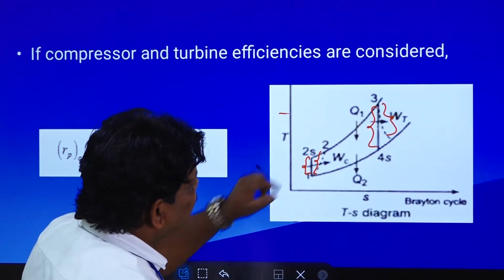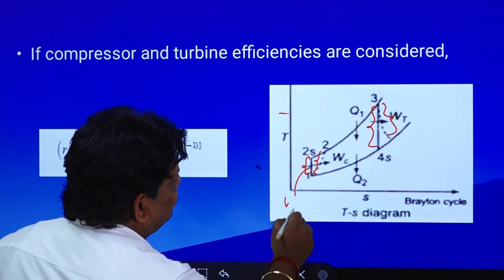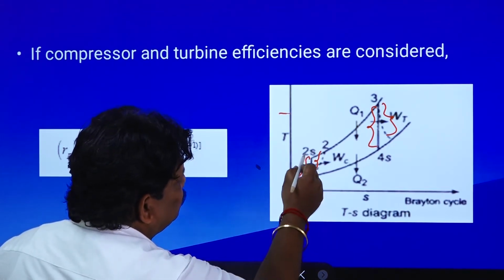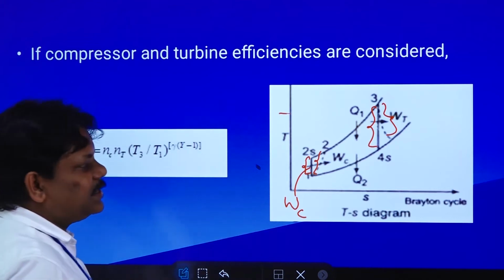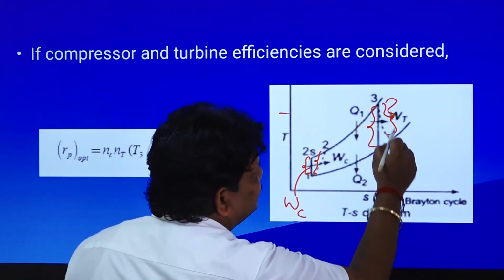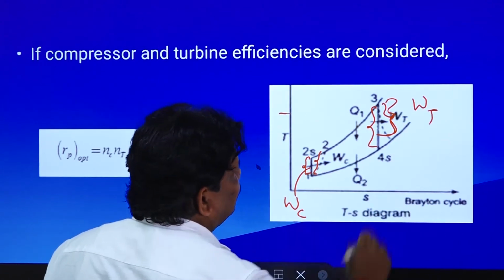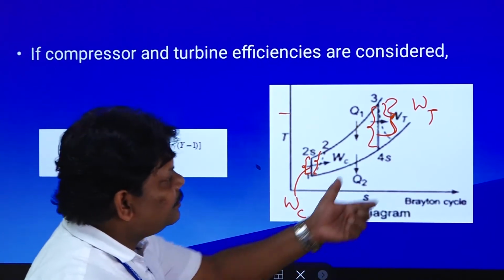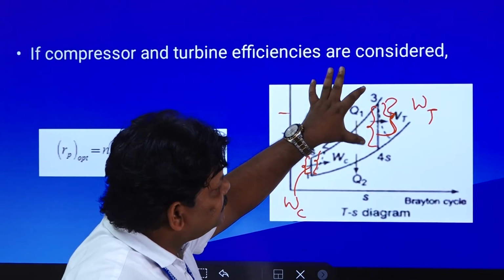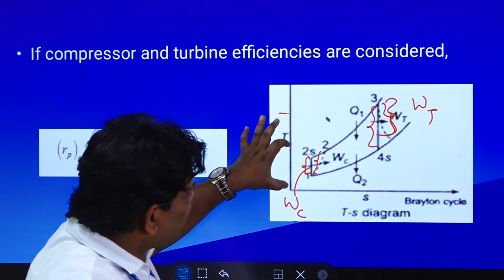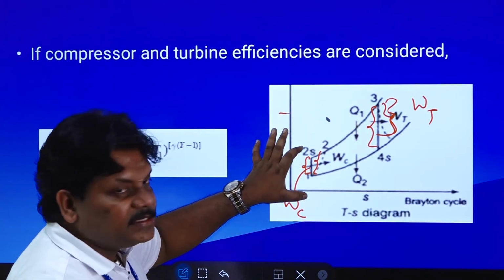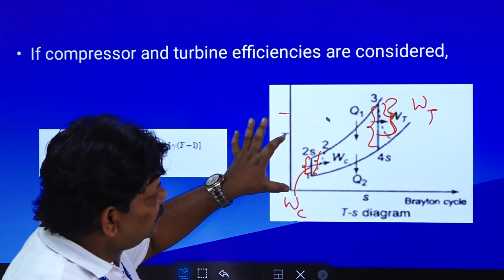This work is the compressor work, when you consider T2 and T1. When you consider 3 and 4, T3 and T4, this is the turbine work. The turbine work will be the change in temperature T3 and T4, and for the compressor it will be the change in temperature of T2 and T1.